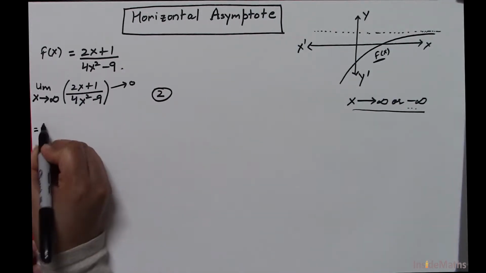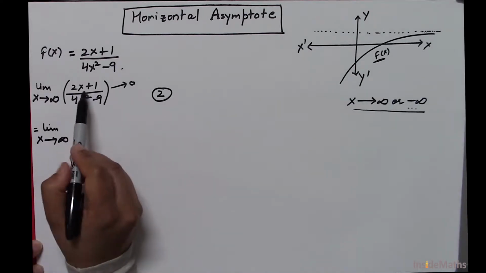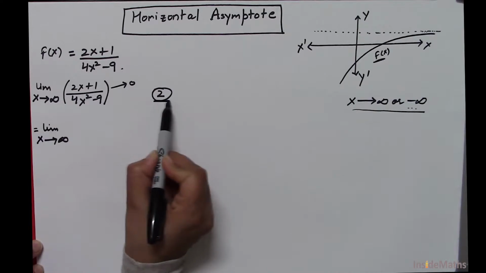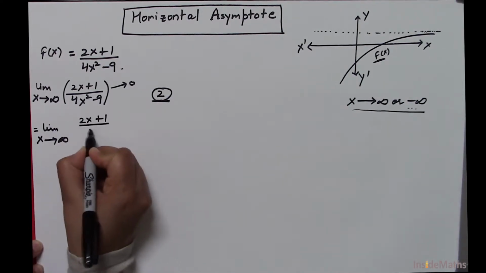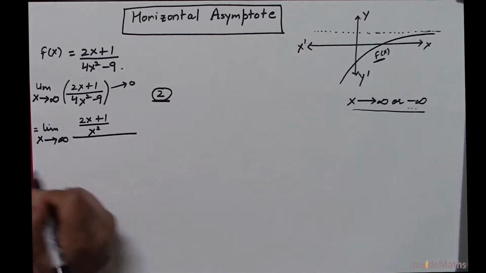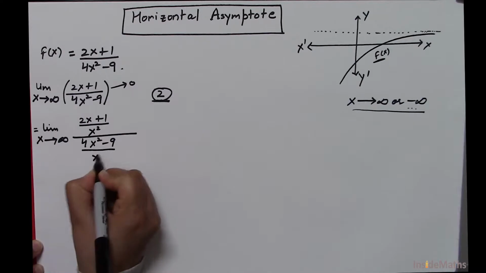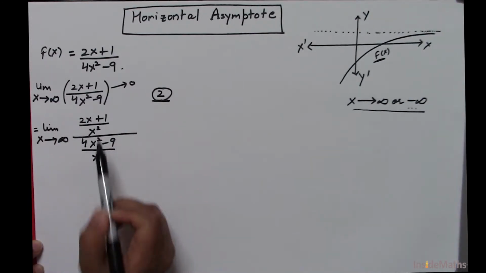The next step is to divide the numerator and the denominator by x raised to power 2. So 2x plus 1 over x square, and in denominator 4x square minus 9 over x square. So I divided the numerator and denominator by x square.